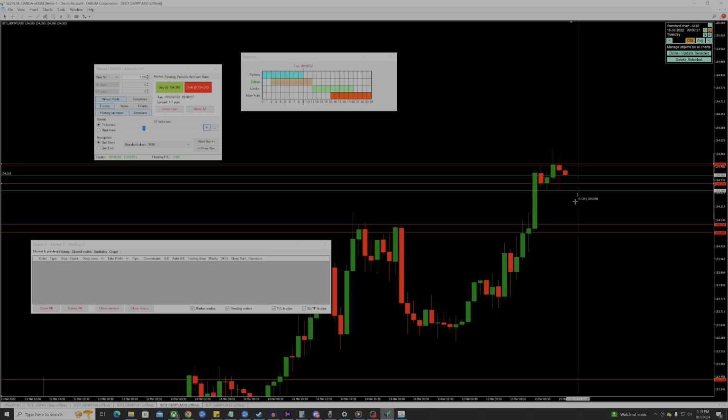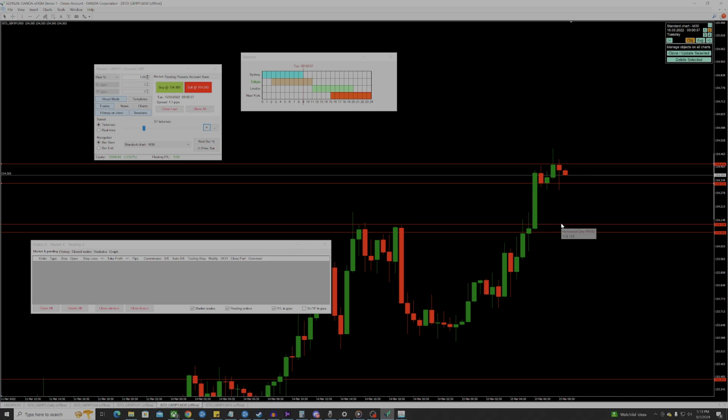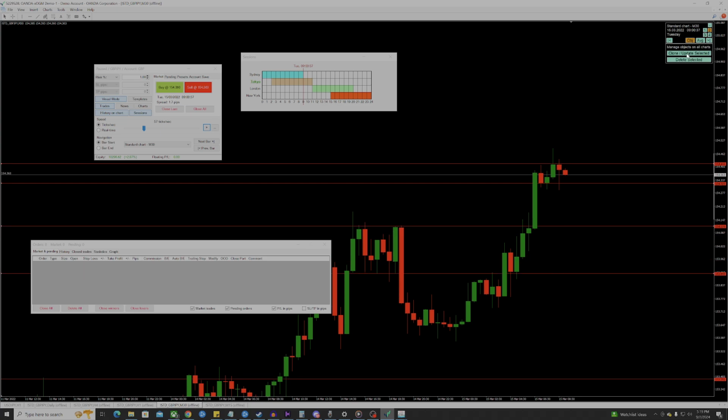So if we break below here, we'd have a resistance here, that would be kind of around that support, wouldn't it? 0.89. Yeah. So if we break below this, I'll take it.